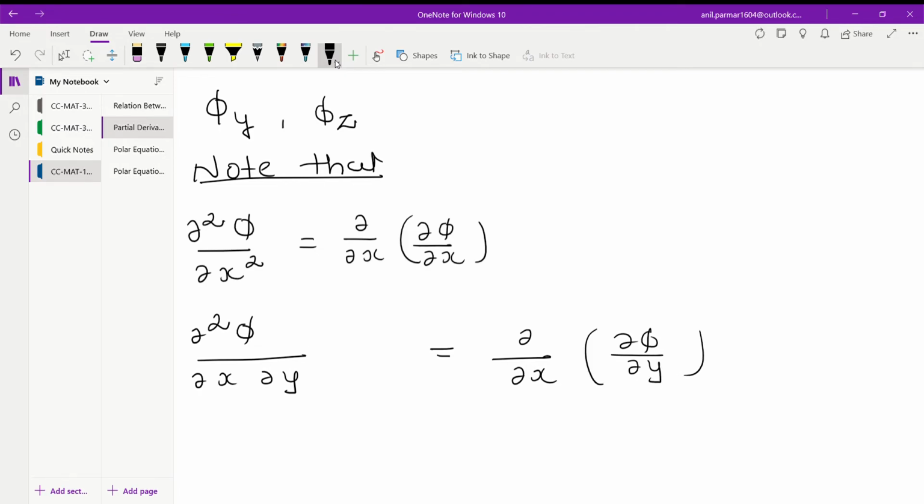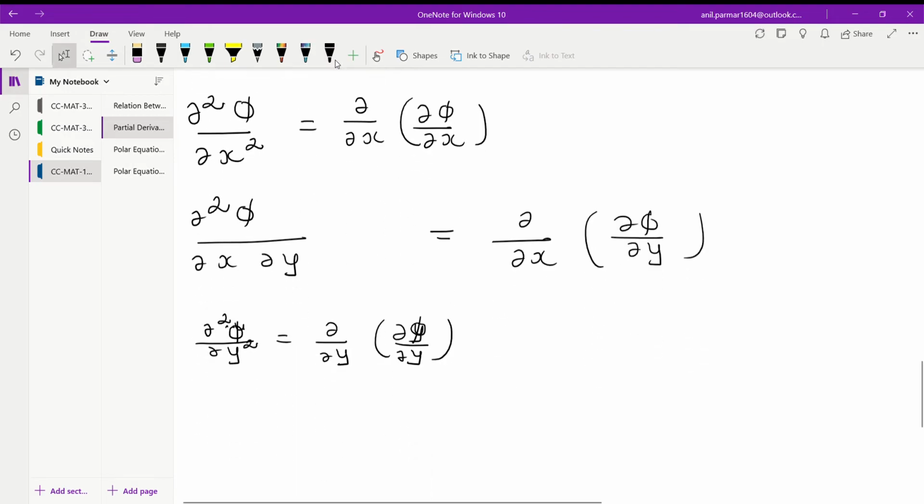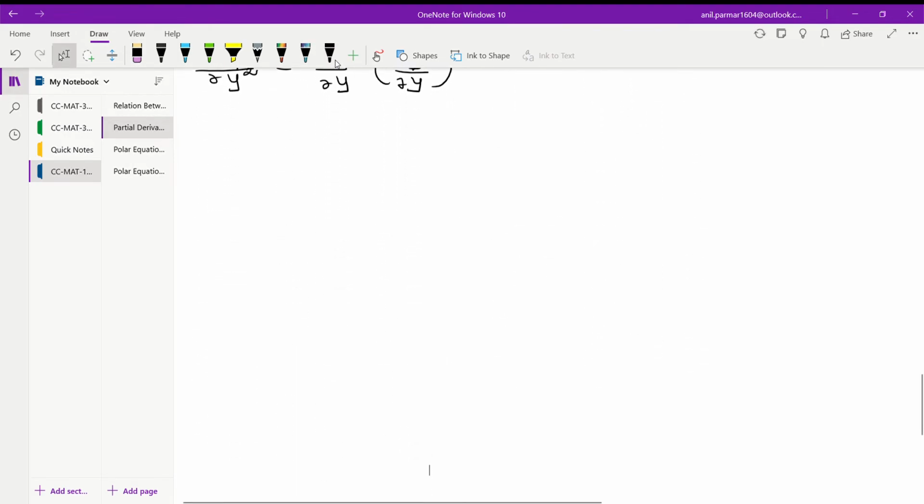Similarly del 2 phi upon del y2 આ ડિફાઇન કરવું તો del upon del y del phi upon del y. આવી રીતે આપણે હાયર ઓર્ડર્સ છે એ પાર્શિયલ ડેરિવેટિવ ના ડિફાઇન કરી શકીએ છીએ. નોટ ધેટ અહીંયા આપણે del લખીએ છીએ અને d છે એ શું છે ડિફરન્શિએશન માટે છે જ્યારે આ શું છે પાર્શિયલ ડેરિવેટિવ.